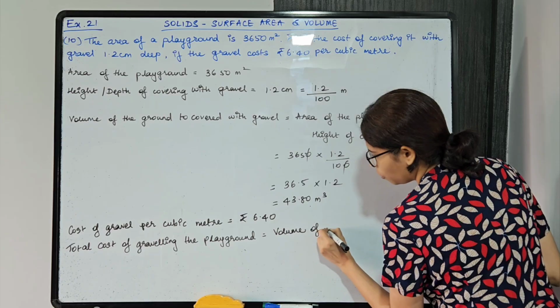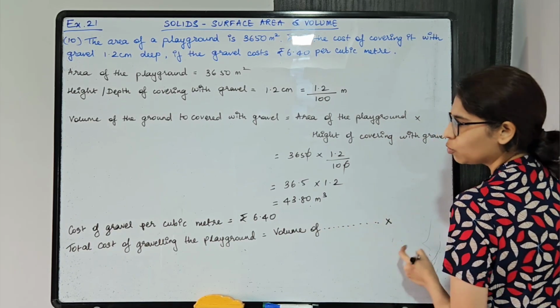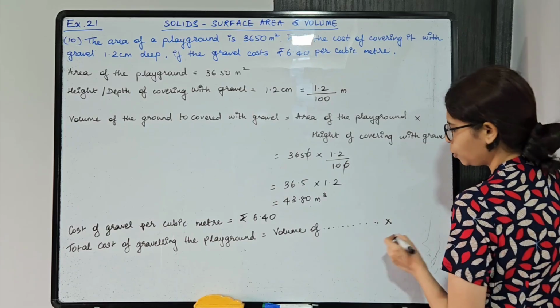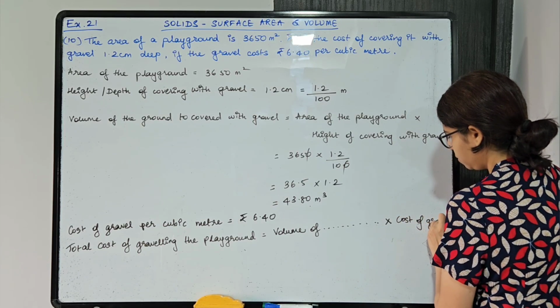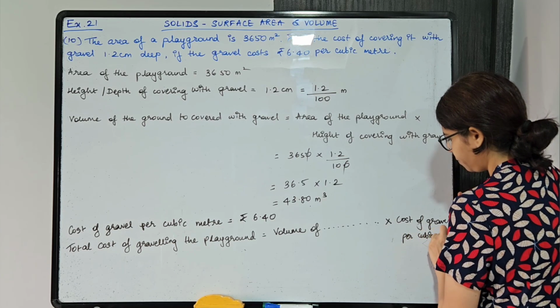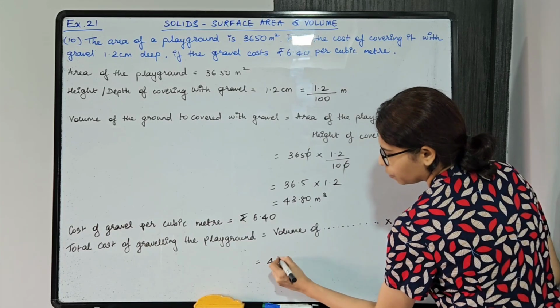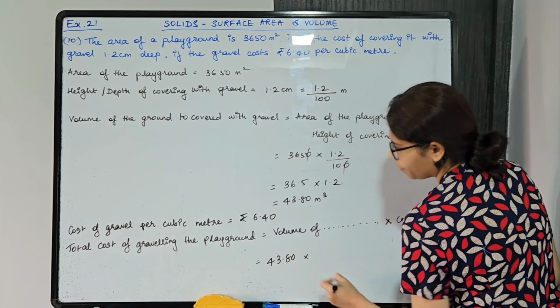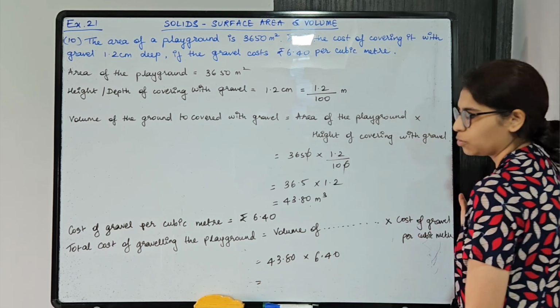So volume of the ground to be covered with gravel पूरा लिखो into the cost of gravel per cubic meter. Put the values. Volume is 43.80, cost is 6.40. मल्टीप्लाई करो, ठीक है.